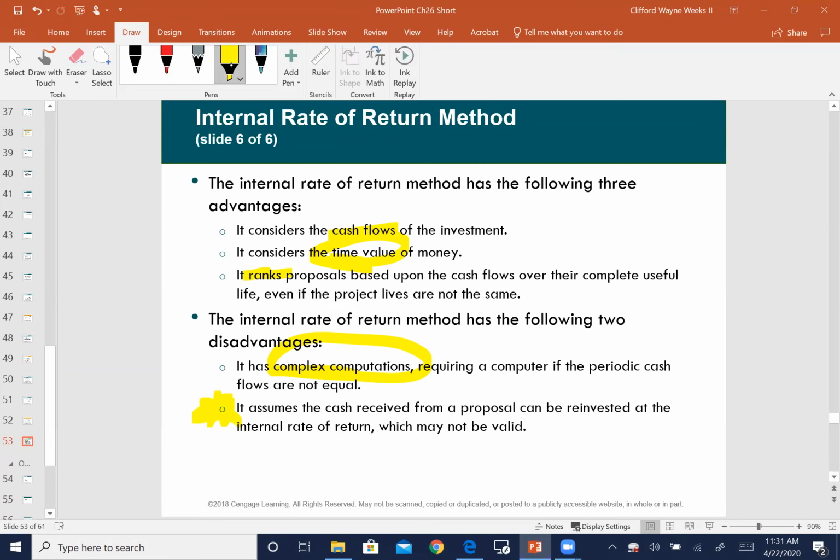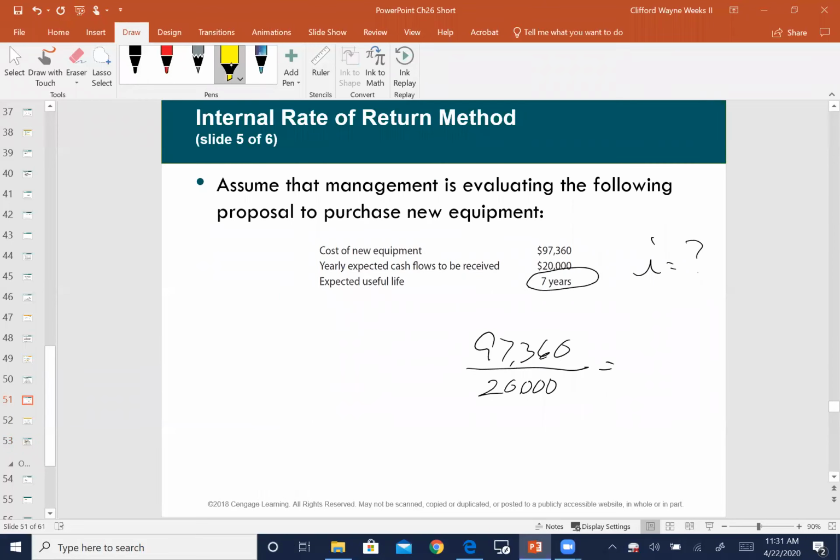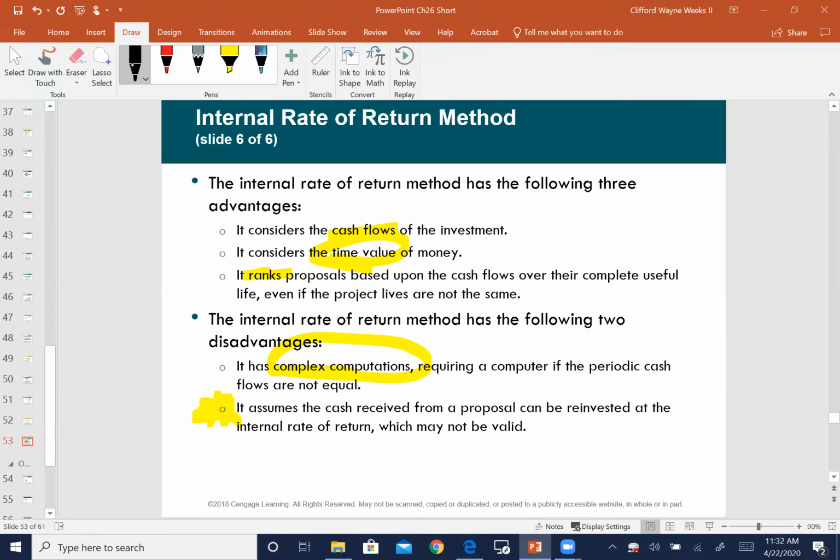It assumes that the cash received, these $20,000 that we expect to receive, we can take this $20,000 and reinvest it at 15%. That may not be the case. That's what this is saying here.